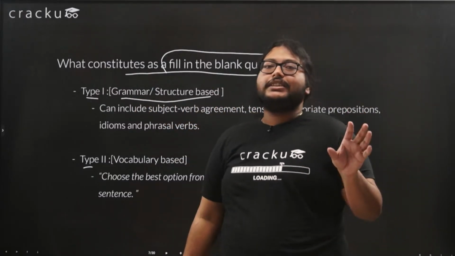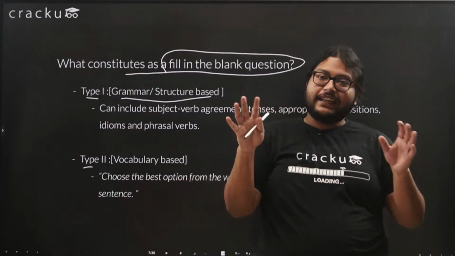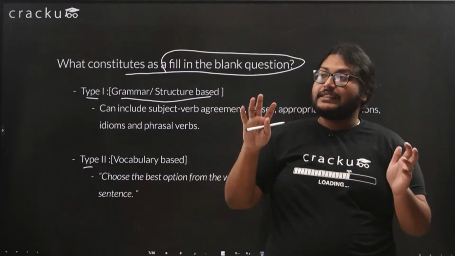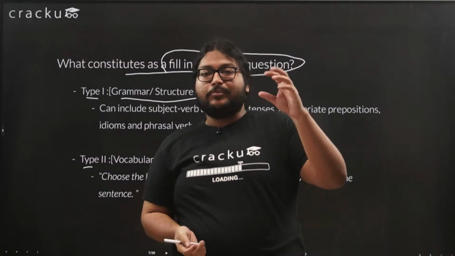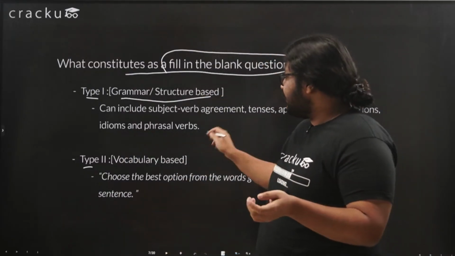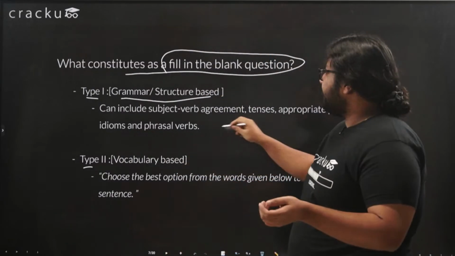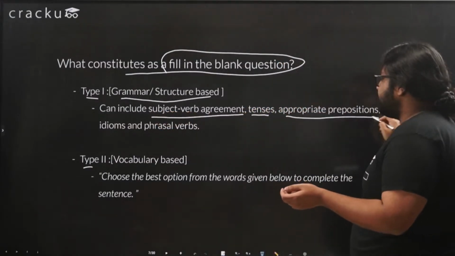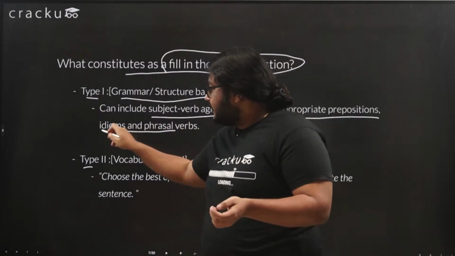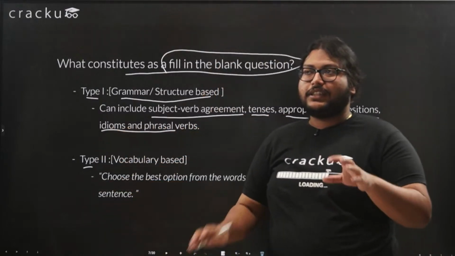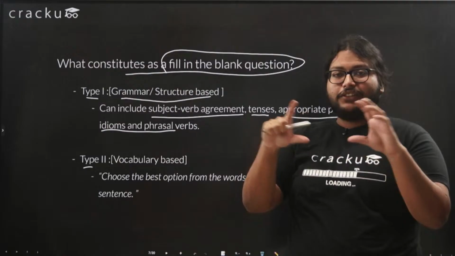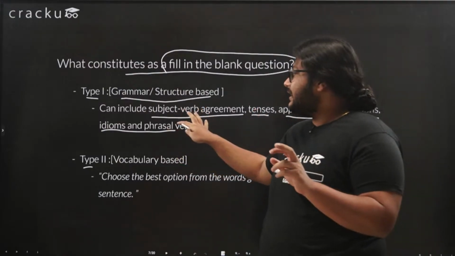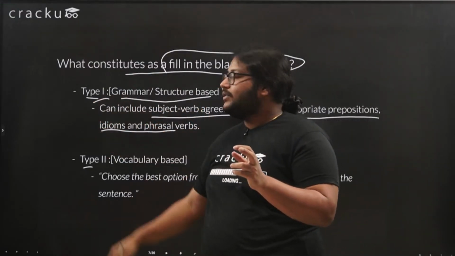Essentially, everything about how a sentence is supposed to be: if it is grammatically correct, if the prepositions are correct, if the structure is okay, like subject verb agreement, tenses, appropriate prepositions, idioms and phrasal verbs, stuff like that, which essentially constitutes the structure of the sentence. We'll discuss that.